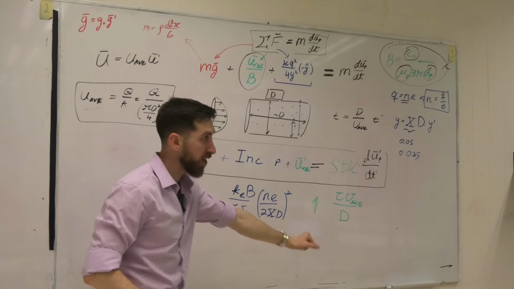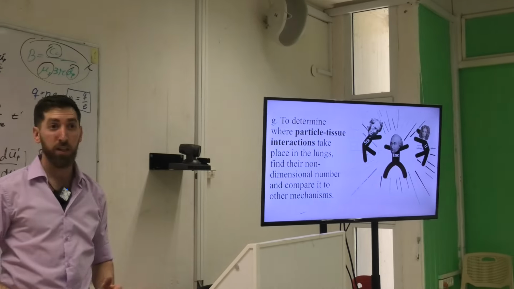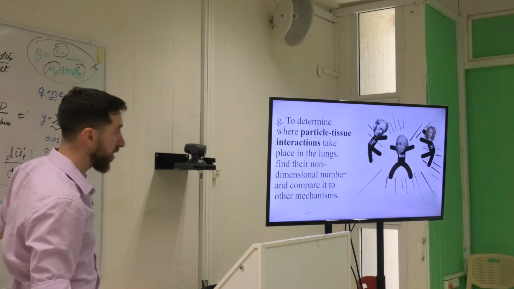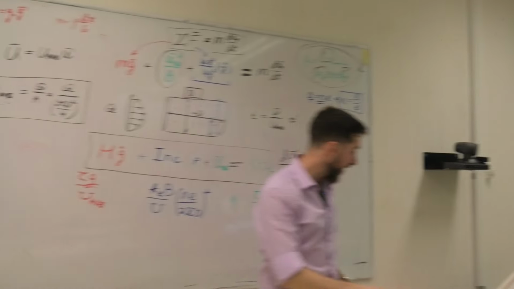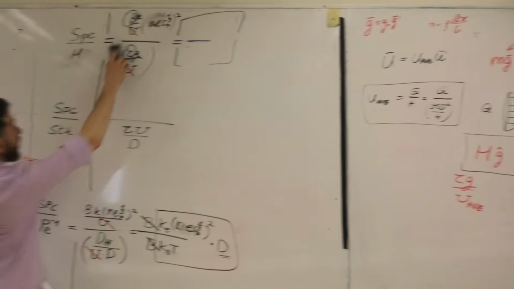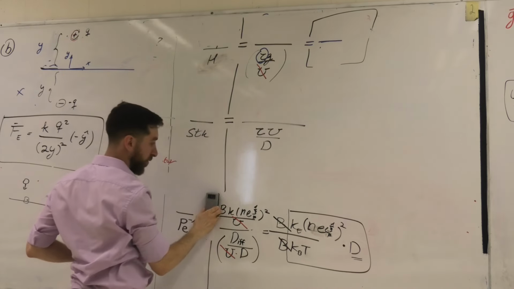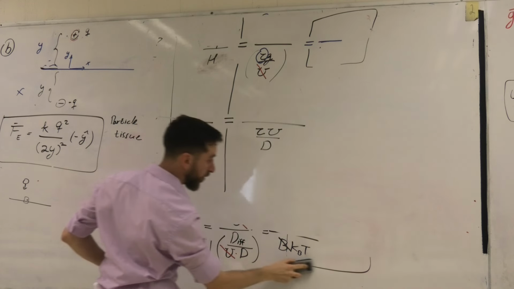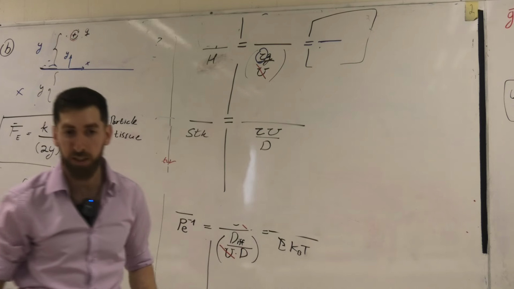These are the non-dimensionals, and right now, to the last section of the tutorial, let's find out the ratio between these non-dimensionals, okay? The particle-tissue interaction versus all of this. And luckily, we still have this, right? So we can just cancel from the last hour, and we can talk about putting the image force instead of the other.